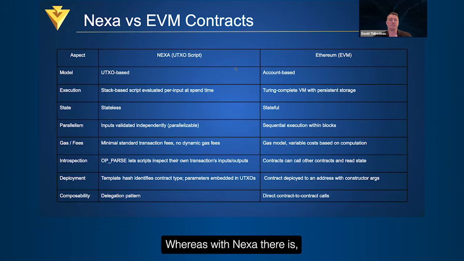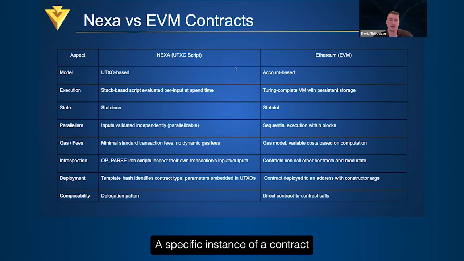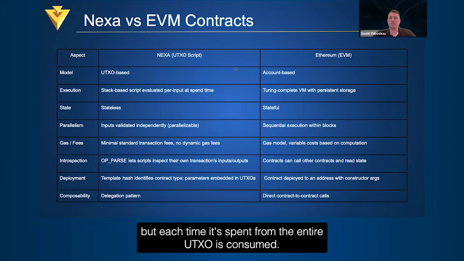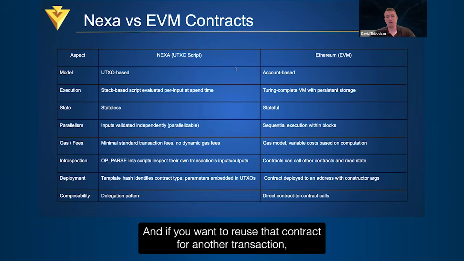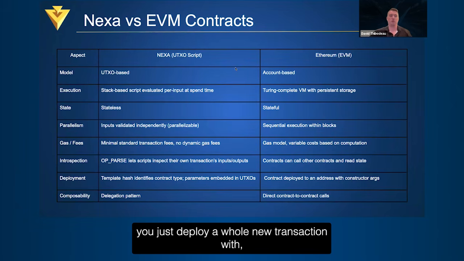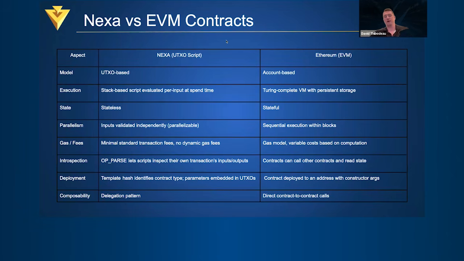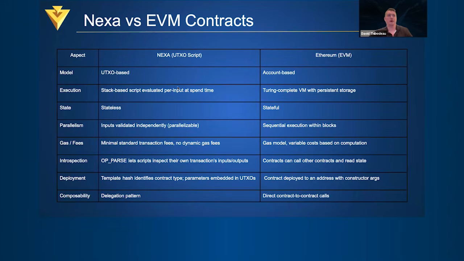Whereas with Nexa, there are well-known templates for contracts. A specific instance of a contract can be deployed multiple times on chain, but each time it's spent from, the entire UTXO is consumed. So contracts are kind of one and done on Nexa. And if you want to reuse that contract for another transaction, you just deploy a whole new transaction with the bytecode for that contract attached to it.